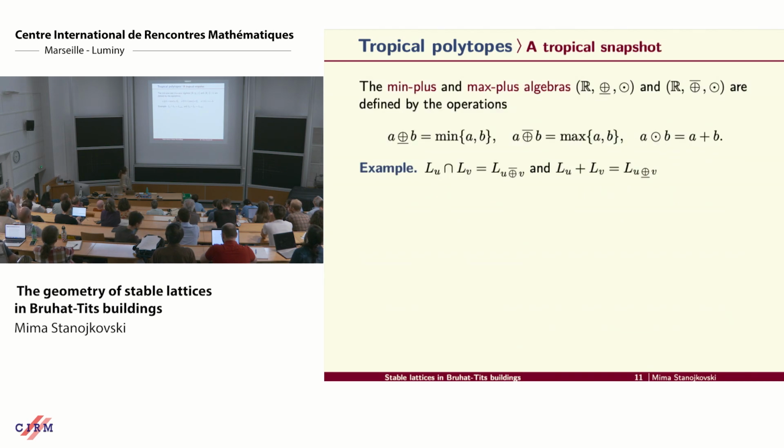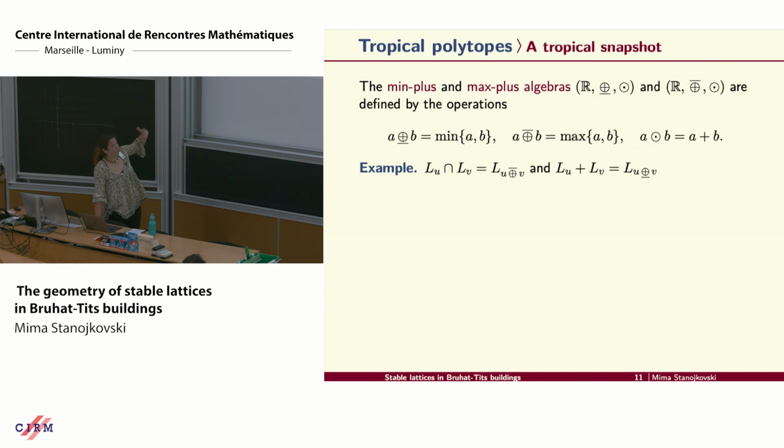Okay, so I told you this was all translated in the language of tropical geometry, so let me just quickly tell you what this means. When doing tropical geometry, we work with different operations over R, and plus can be taken either to be min or max. Normally one makes a choice, but for this project we really need them both.